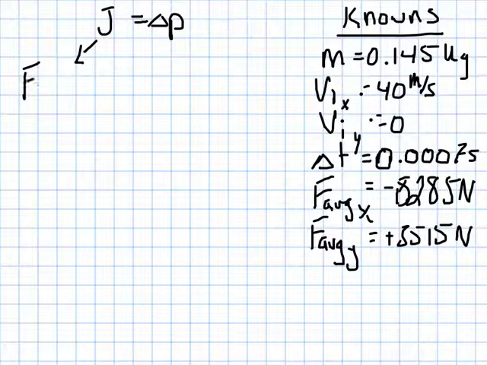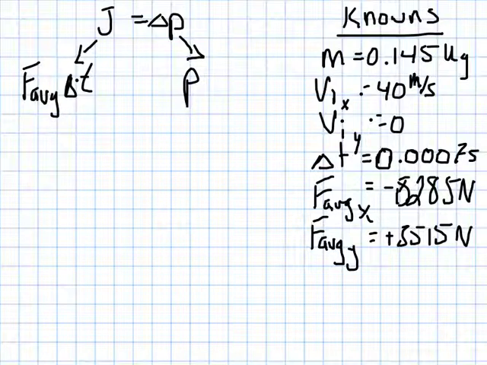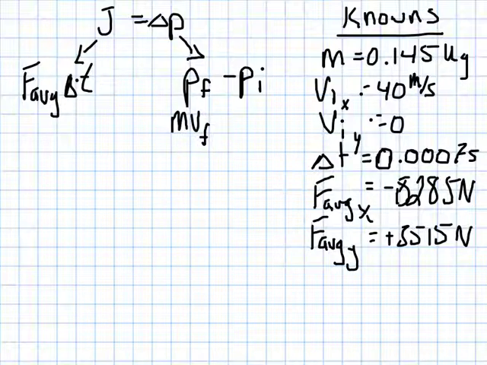Impulse is also equal to average force times delta T, the amount of time that the force acts on an object, and delta P is equal to the final momentum minus the initial momentum. We can actually expand that out even a little bit more. This is equal to mass times the final velocity minus mass times the initial velocity.